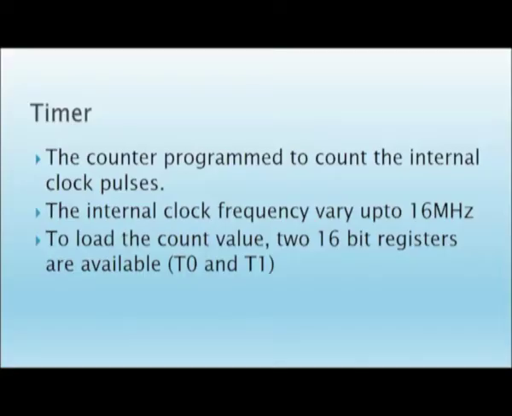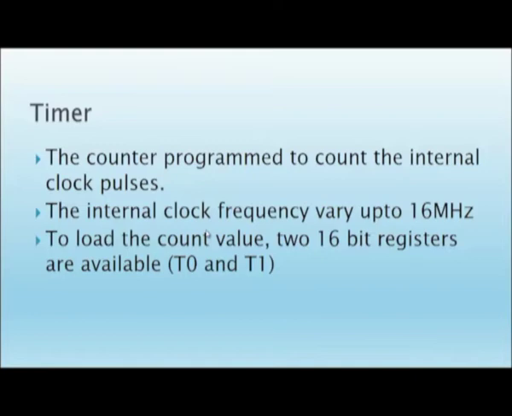Whichever frequency we take for our application is divided by 12, because one machine cycle consists of 12 pulses. So, to calculate the pulse rate for a single cycle we divide by 12. Then the count value is loaded in either of the 16-bit timer registers, T0 or T1.